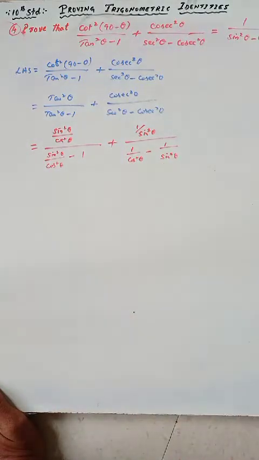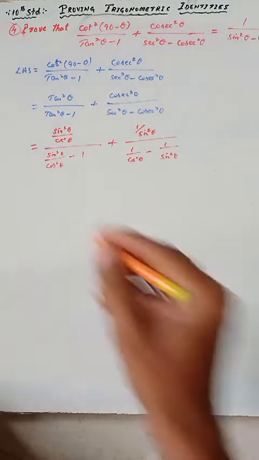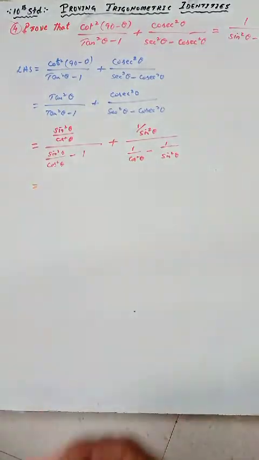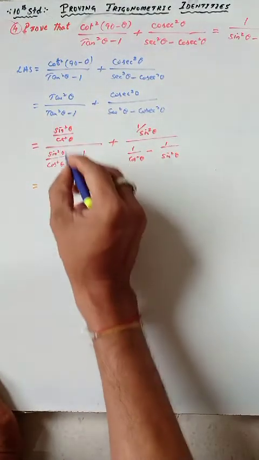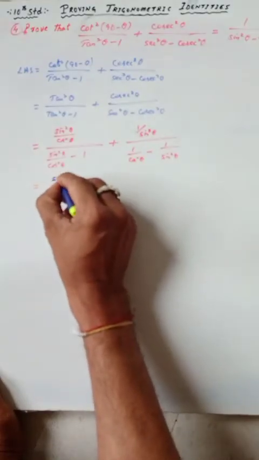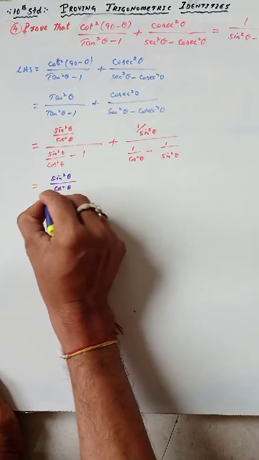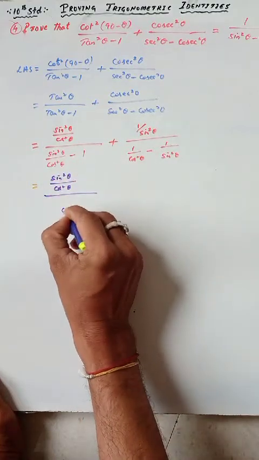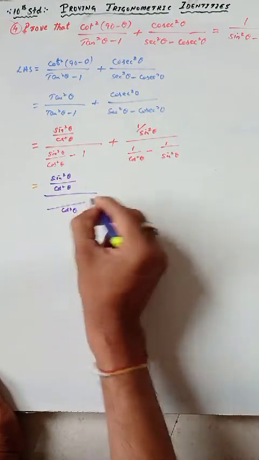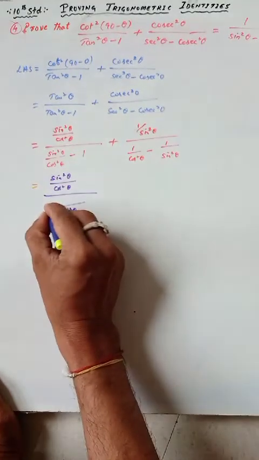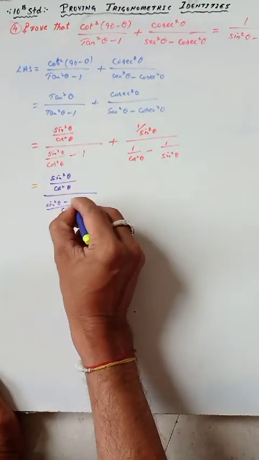Now again, taking the LHS, we take the LCM. In the numerator, you keep sin squared theta by cos squared theta as it is, divided by the LCM cos squared theta, giving sin squared theta minus cos squared theta.